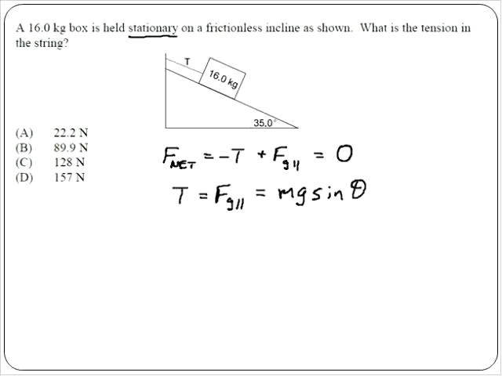So my tension is going to be mg sine theta in this case. So I plug those numbers in, 16 for the mass, 9.80 for g, 35 degrees for the angle. You plug all those numbers in, multiply, and you get this answer, 89.9, which is choice B.